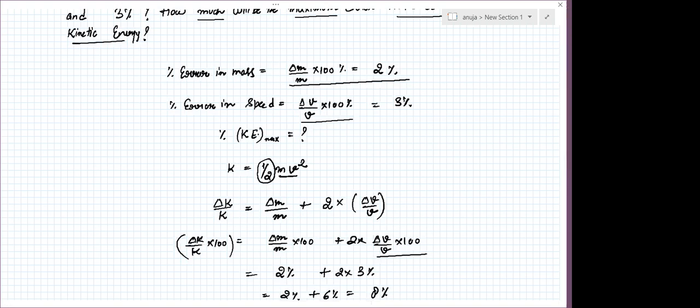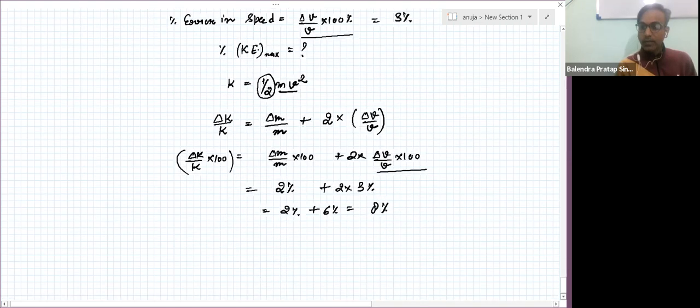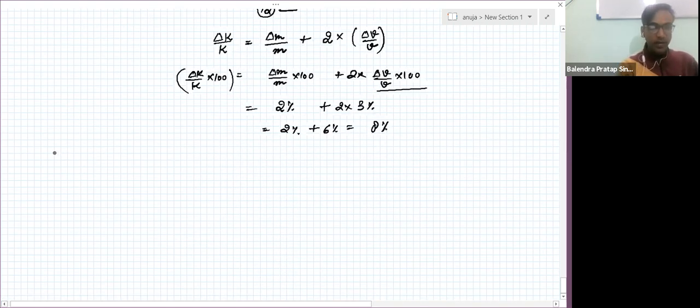Okay. Now let's solve one more problem. Suppose a formula is given like x is equal to a square b cube divided by c.